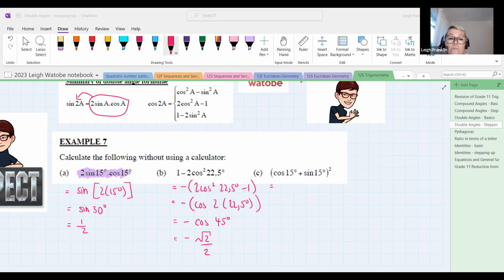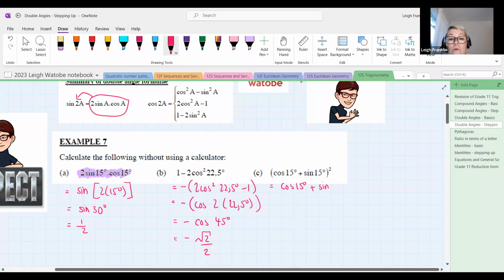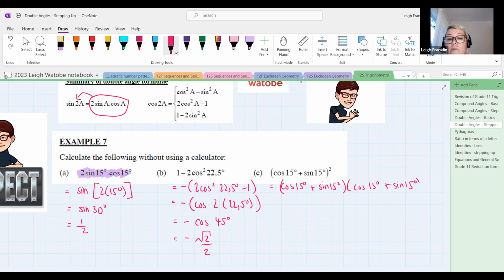So, ma'am, I'd do the FOIL first, which would be cos squared 15 degrees plus... Sorry, let me just catch up with you here. All right. So you'd end up with cos squared 15, lovely, plus 2 cos 15 sine 15. Sorry, I just made a bit of a mess as I was writing the word cos. Let me just fix that up. 2 cos 15 sine 15, indeed.